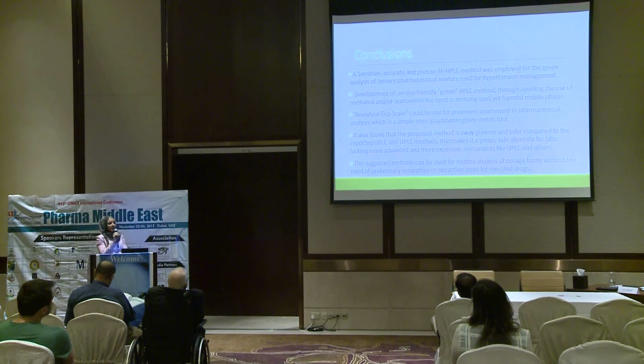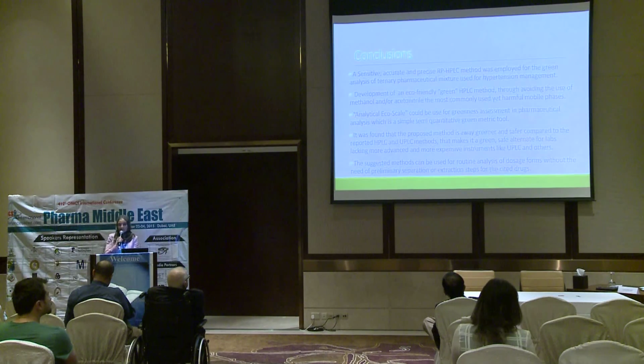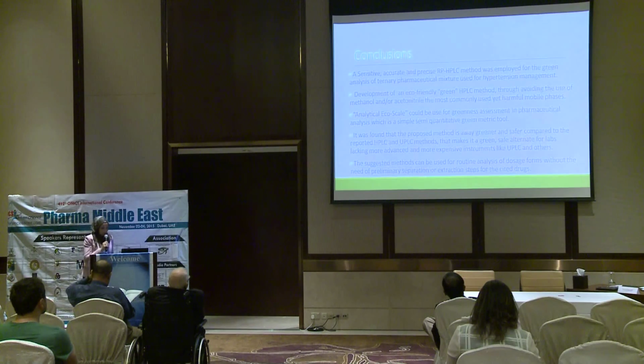So we conclude that we can have a sensitive, accurate, precise, reversed phase HPLC method for green analysis of this ternary mixture, and development of eco-friendly HPLC by avoiding the use of methanol or acetonitrile, the most commonly harmful co-solvents. Analytical eco-scale could be used to assess the greenness of the pharmaceutical analytical method. It was also found to be greener and safer compared to the UPLC, as I told you, so it can be a good alternative in labs lacking the more advanced instruments.